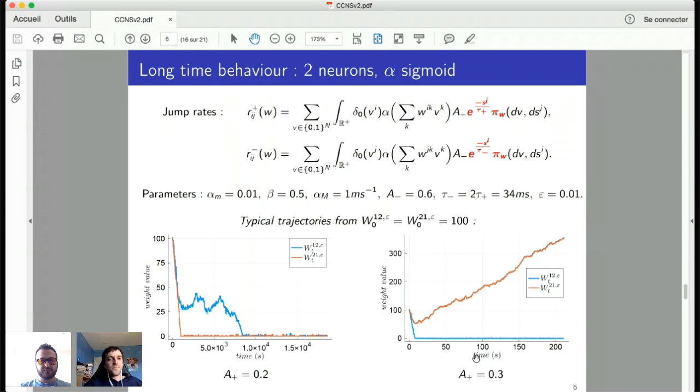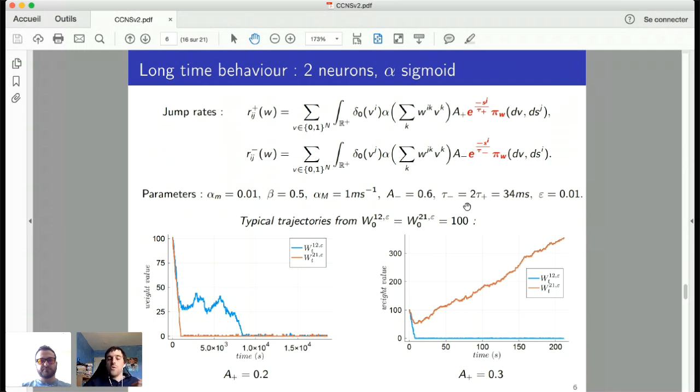So I will show you how to use this condition in a real network. We have to compute the R plus and R minus. With the exponential function for the p plus and p minus, the R plus and R minus depend on the Laplace transform of P_W.